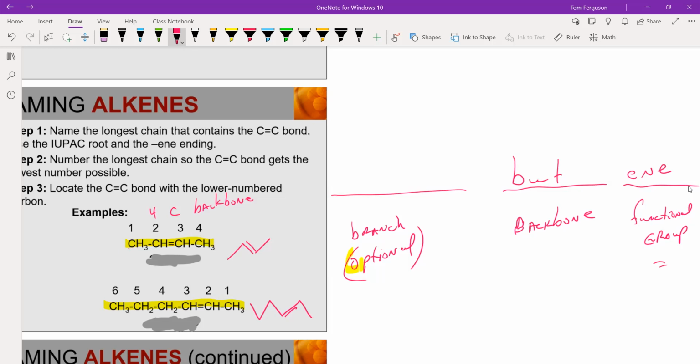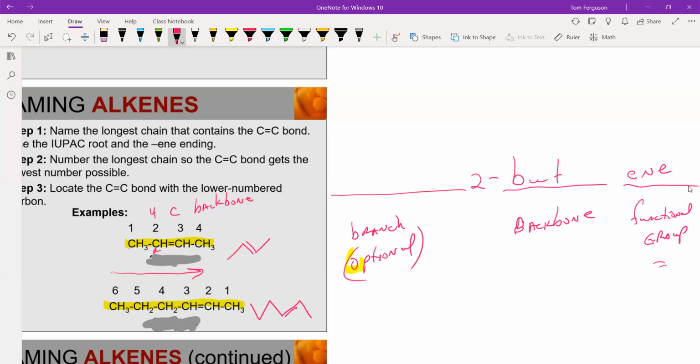So over here, it's going to be 2-butene. As a first encounter of the double bond, it's on carbon number 2. 3 doesn't come into play. It's the direction we're numbering. In this case, the direction is this way, so the first one we encounter is carbon number 2.